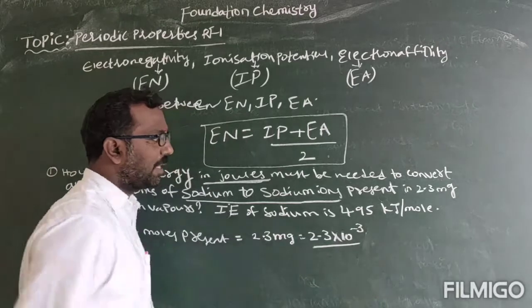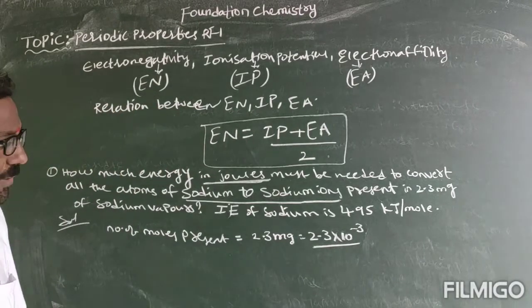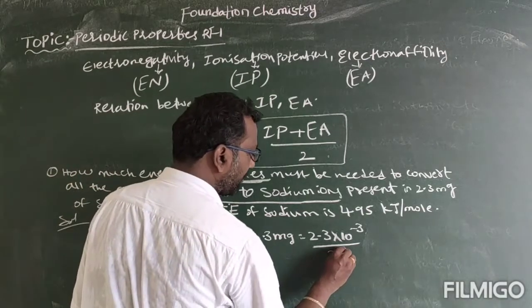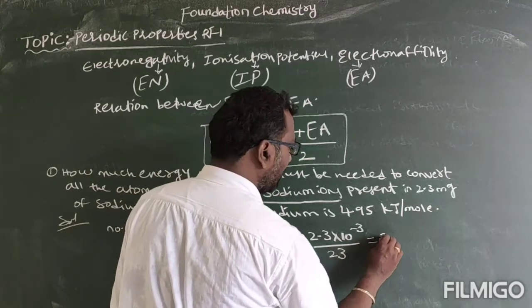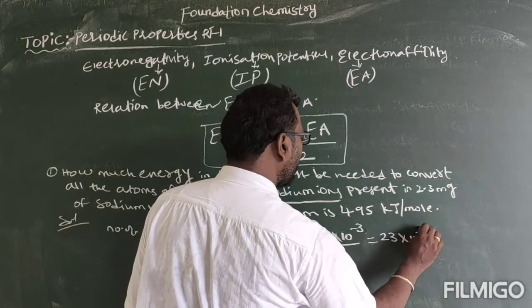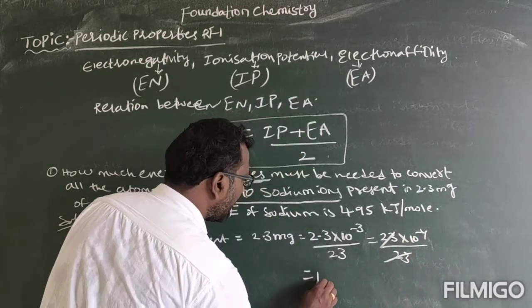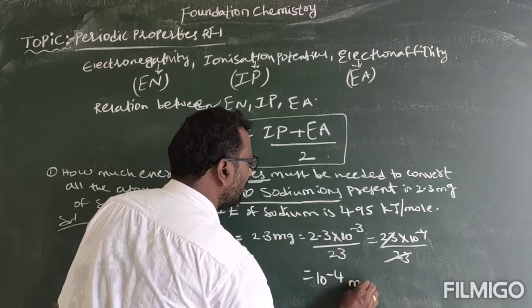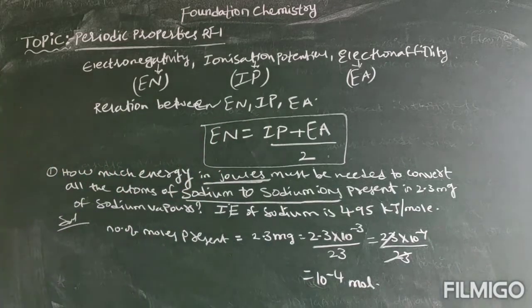What is the molecular weight of sodium? It is 23. So it will come 23 into 10 power minus 4 by 23. So it is nothing but 10 power minus 4 moles.